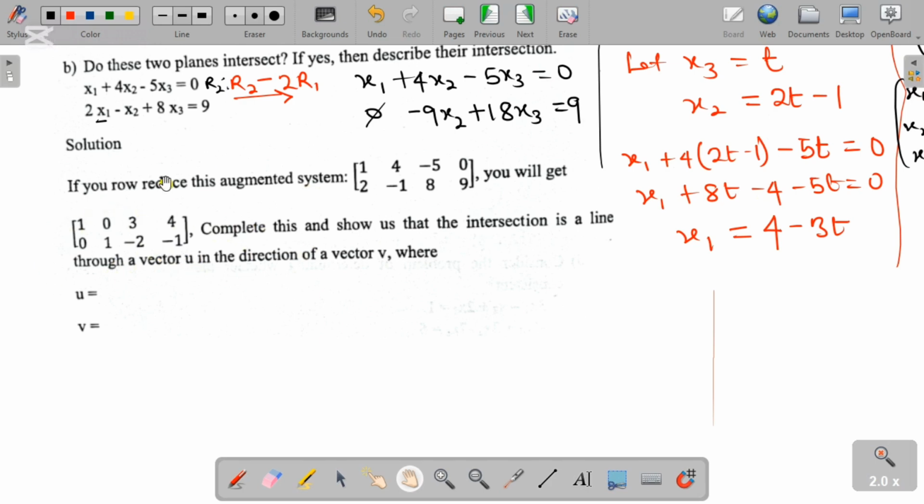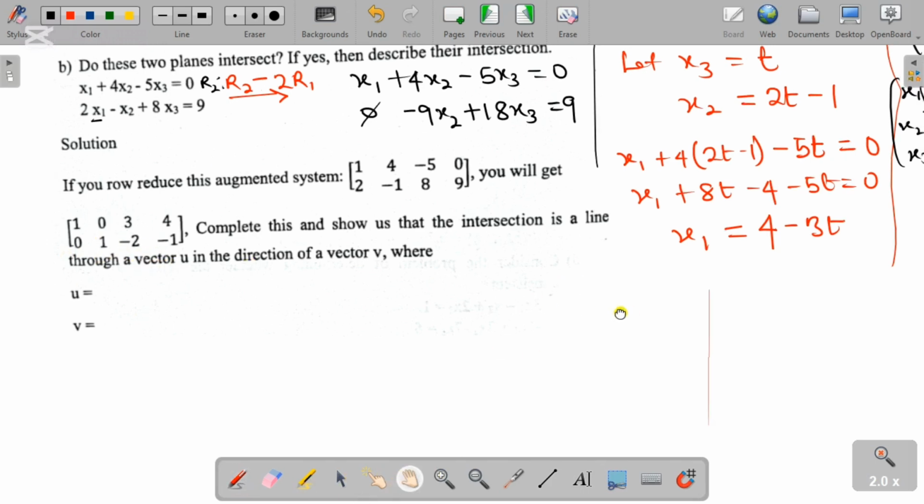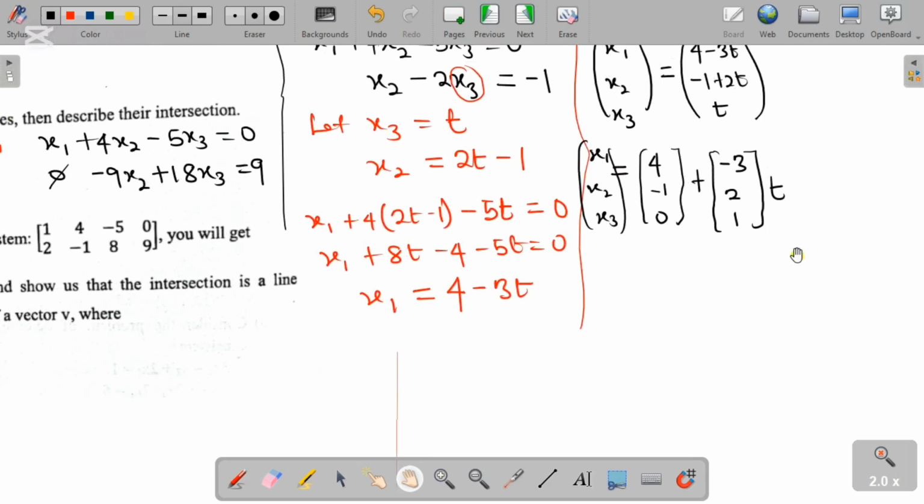So if you do a row reduction, they first reduce this into matrix form, and that's how we got this. And so from there they reduced it into the row reduction form, and if you see, when I reduce, that's exactly what I got here, all these numbers that you're seeing.